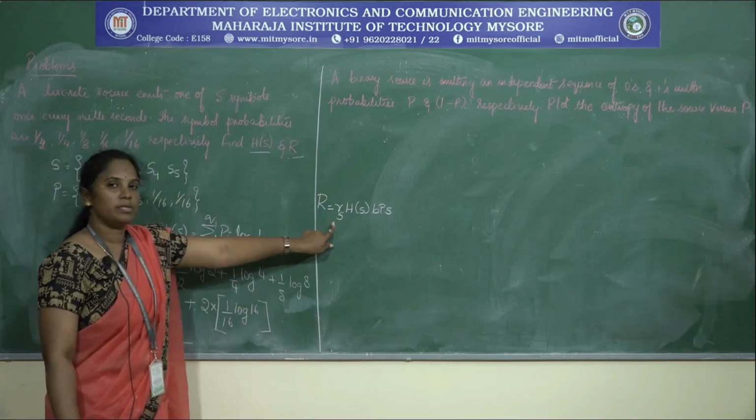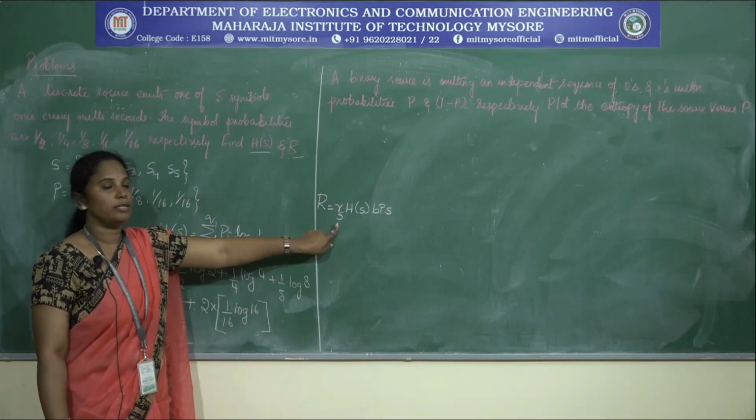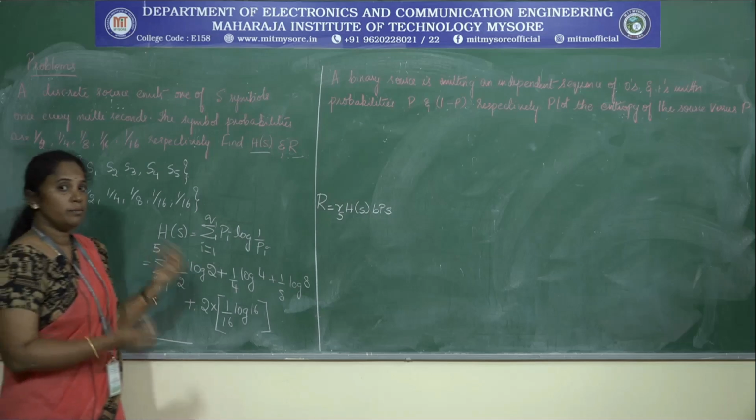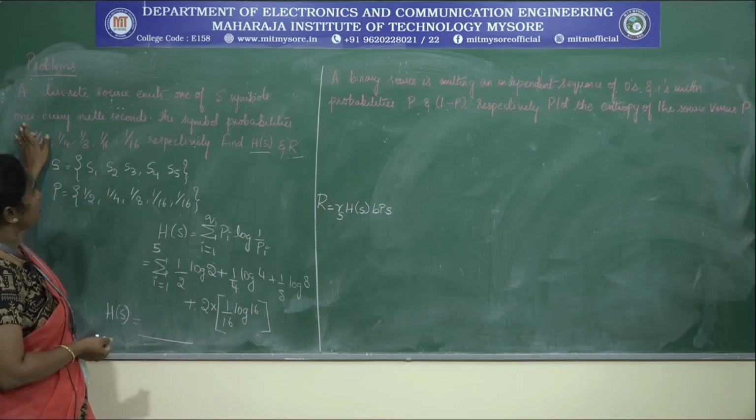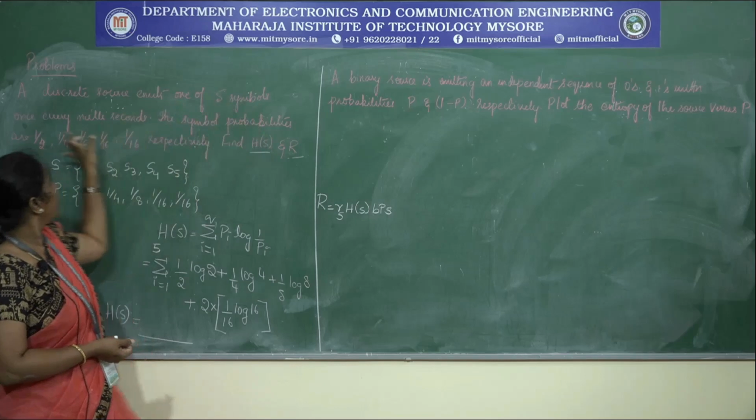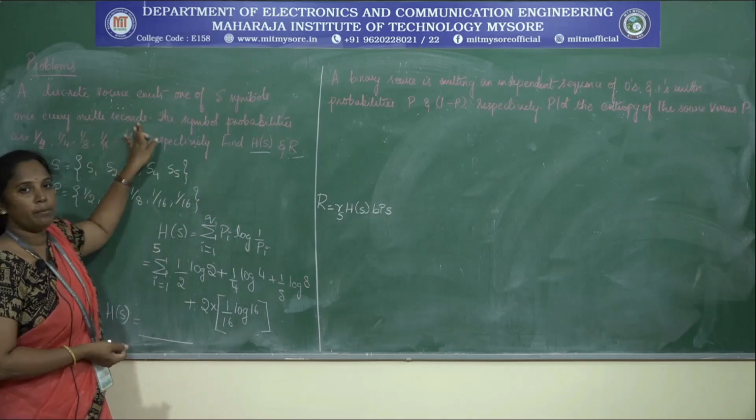Now in the problem statement, they have given the rs value, that is the number of symbols emitted per second. Here you can see 5 symbols are emitted once every millisecond.